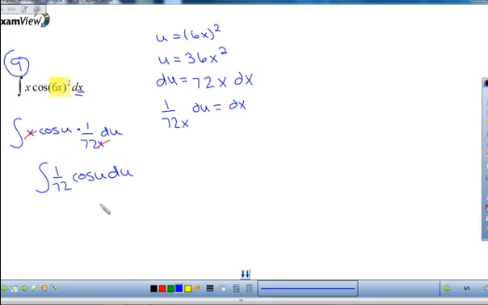So now to find the antiderivative, I bring 1 over 72 down because it's a coefficient. The antiderivative of cosine u is positive sine u. And if I substitute u back, I can either rewrite it as 36x squared or 6x squared.